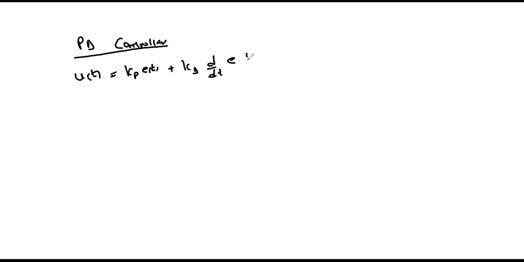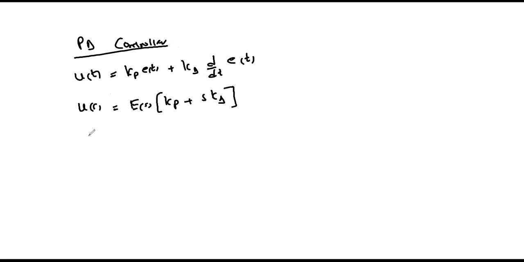Next, we look at the PD or proportional plus derivative controller. The PD is defined by U of t is Kp e of t plus Kd d/dt of e of t, partially proportional and partially a derivative of the error signal, from which you can write our U of S to be equal to E of S into Kp plus S Kd.